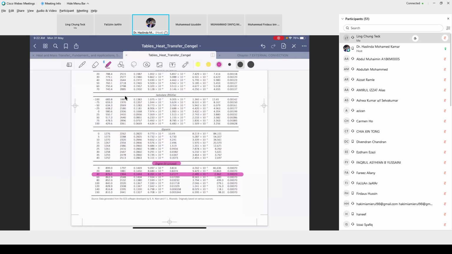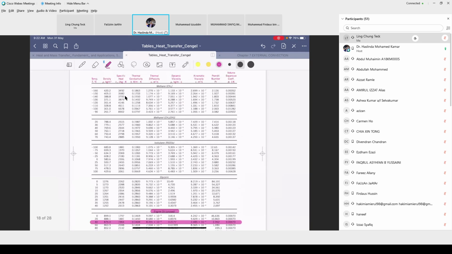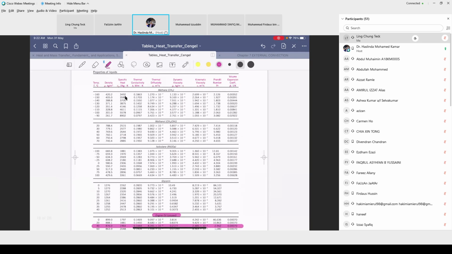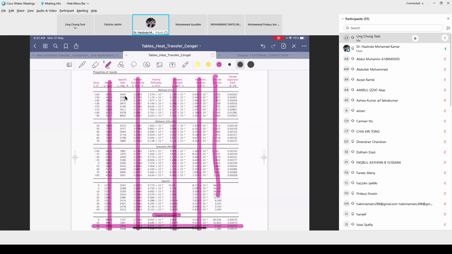So the density, this is the heading of the table, this is the density. And what else? The k value, and then mu and nu, and also the Prandtl number.